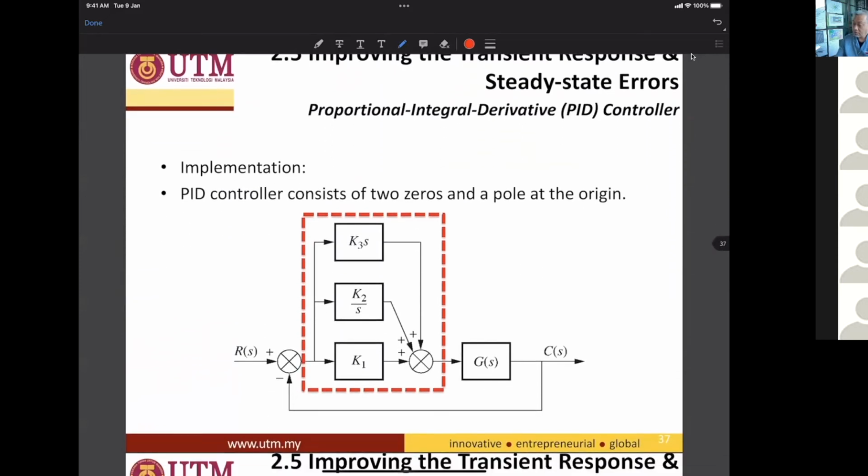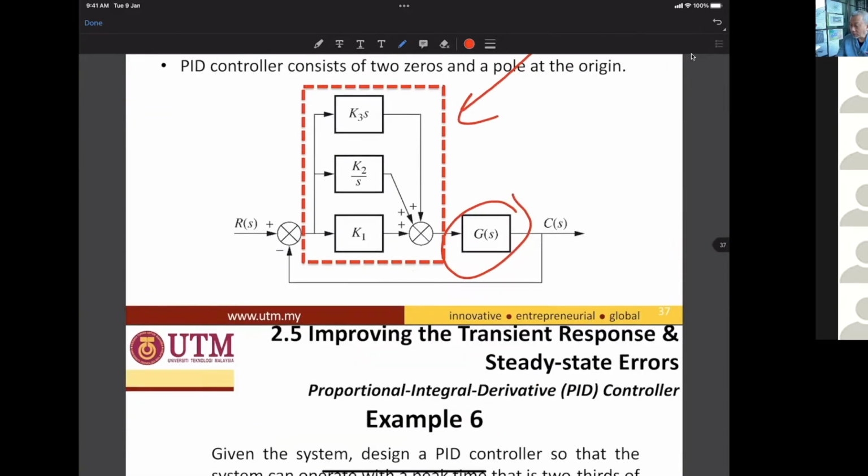So the block diagram is shown here, PID controller, K1, K2, and K3. K1 is proportional, K2 is integral, and K3 is the derivative. So this PID is cascaded to the open loop transfer function G(S), the model.